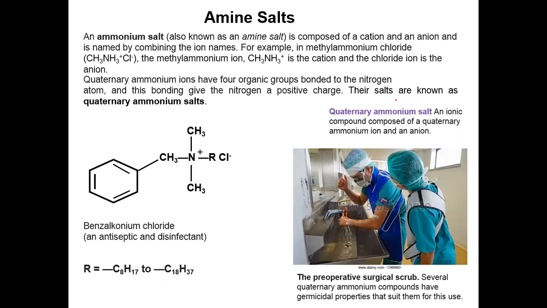Also, these are amine salts. As I said, an amine is when you have three organic groups, for example. But if you have some more organic group, then it's going to be plus, and if you have Cl minus, then it's a salt.